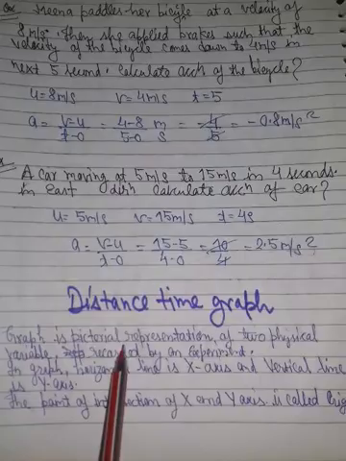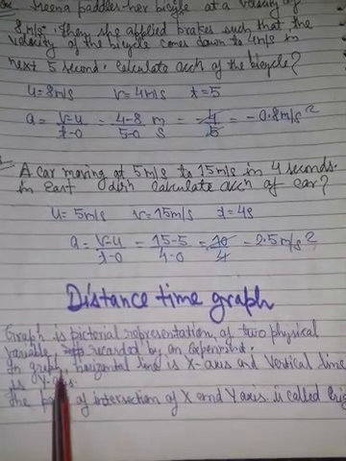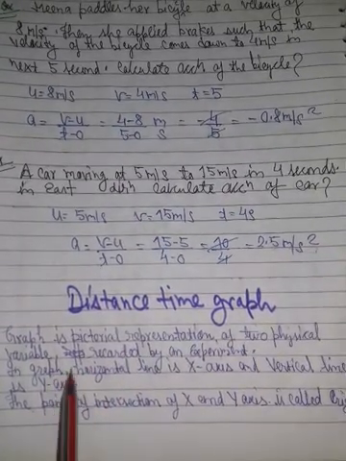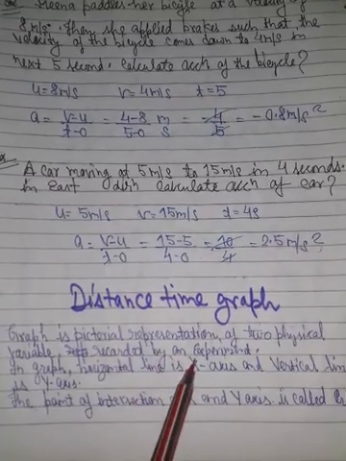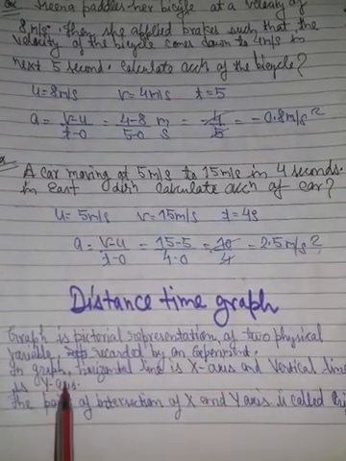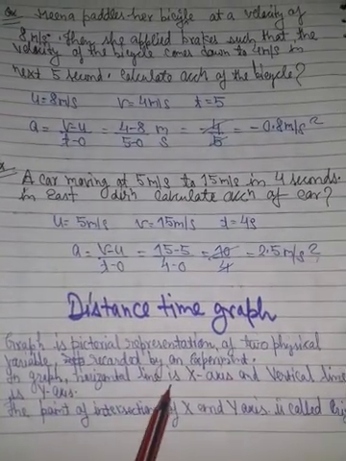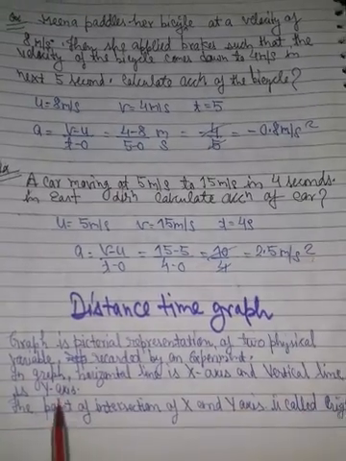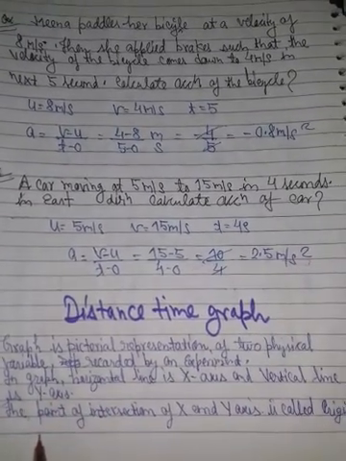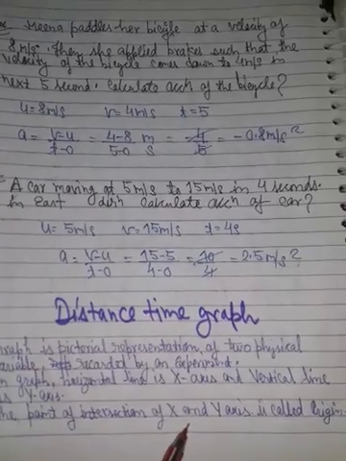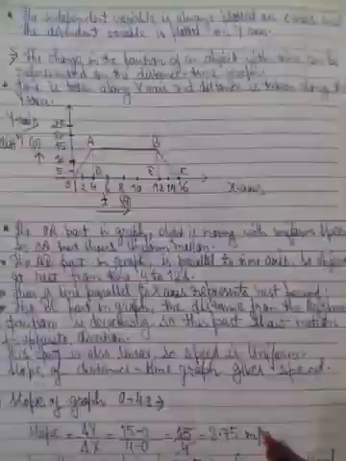A graph is a pictorial representation of two physical variables or quantities recorded by an experiment. The horizontal line is the x-axis and the vertical line is the y-axis, and the point of intersection of the x and y axes is known as the origin.